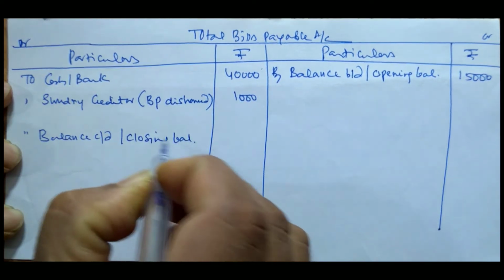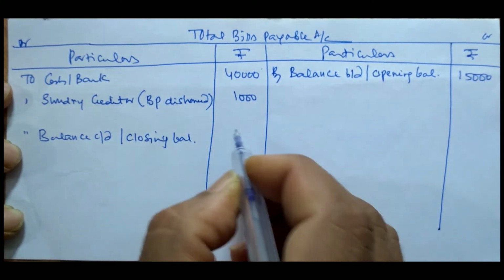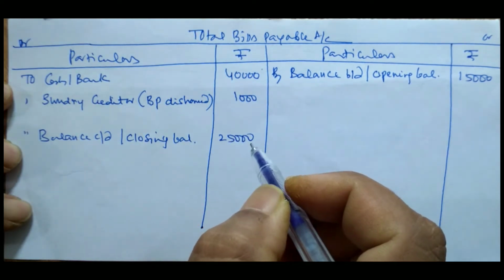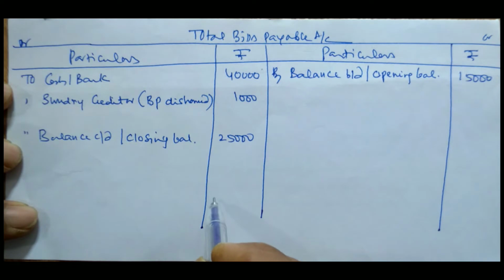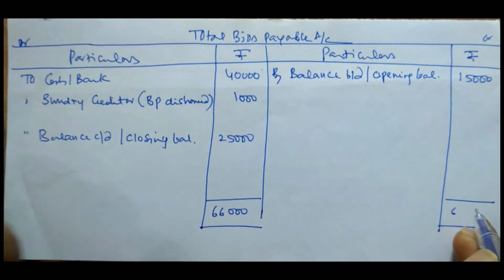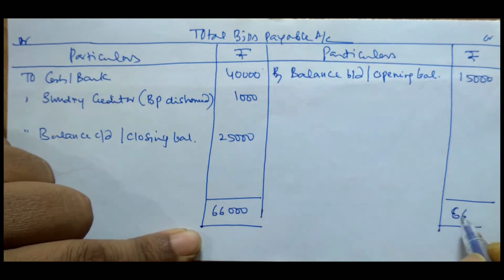It is rupees 25,000 given in the problem, and no other transactions. We must close this account. Total is 66,000.